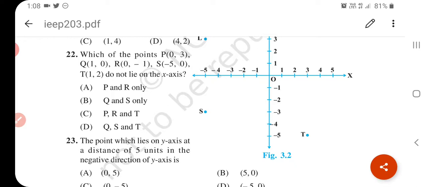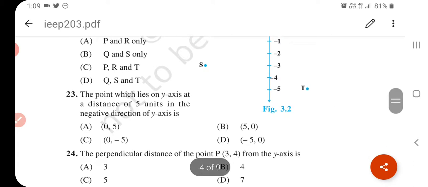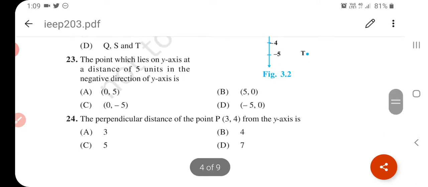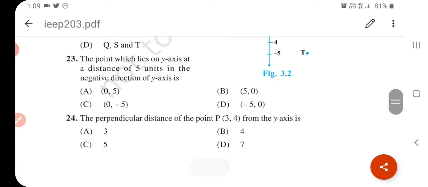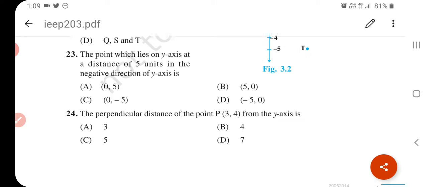Now the point which lies on y axis at a distance of 5 unit in the negative direction of y axis. A point on y axis has its abscissa equal to 0. So the point on the y axis at a distance of 5 unit in the negative direction is 0, -5. So C option is the correct answer.